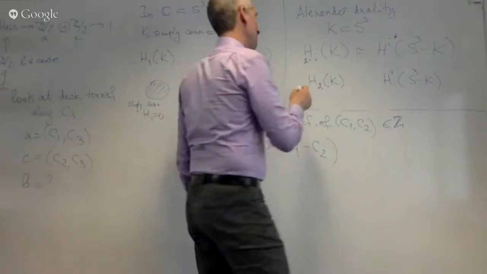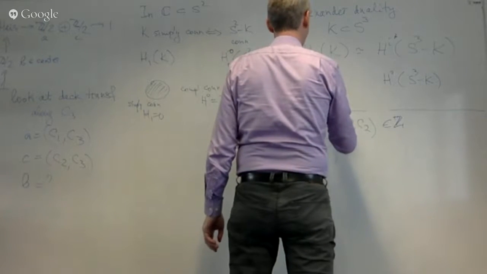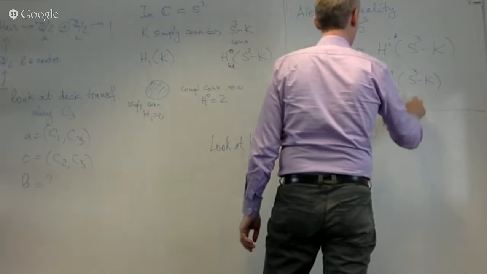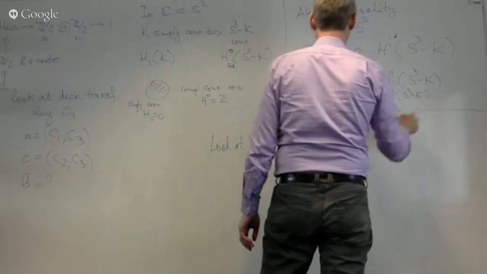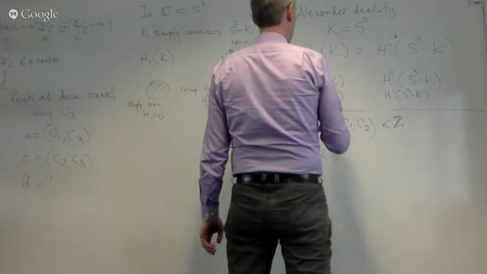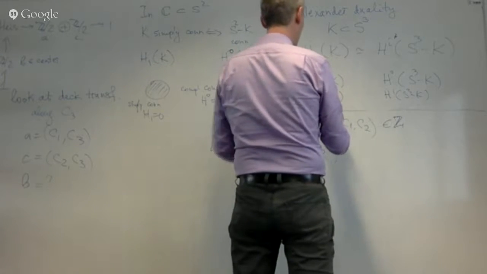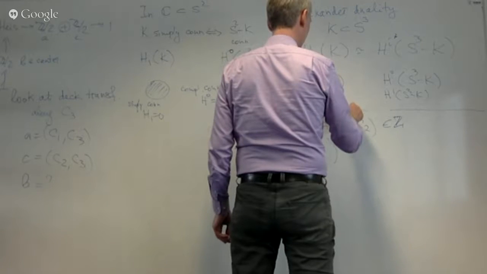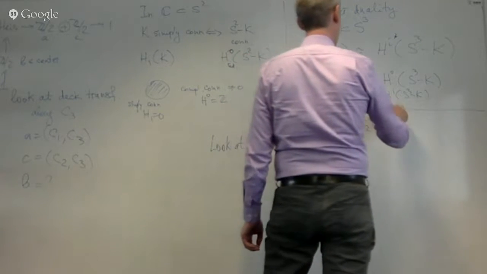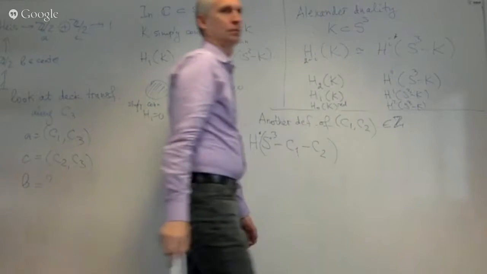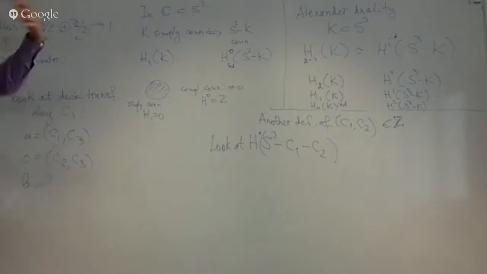Then H1 of K goes to H1 of S3 minus K, and H0 of K, here reduced, corresponds to H2 of S3 minus K. So we just implement this thinking.